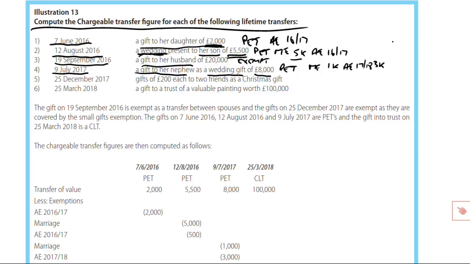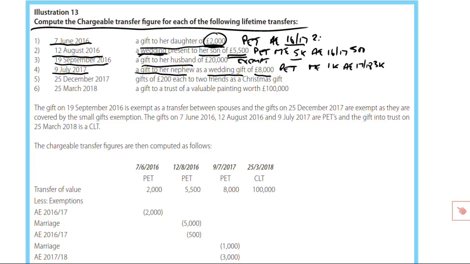We'll then look to see, do we have any unused annual exemption coming forward from the previous tax year? And we do. The 16-17 annual exemption used in the year was 2,000, and then against the 500 left after the marriage exemption of 5,000, we used up £500 worth of the annual exemption of 16-17.